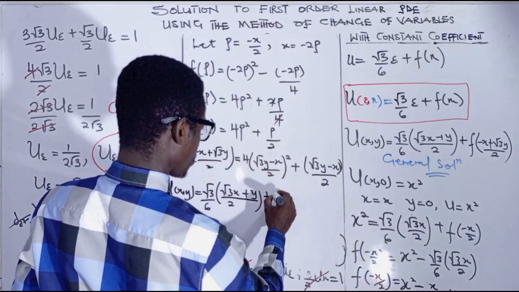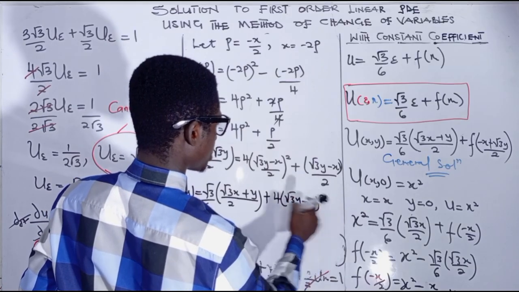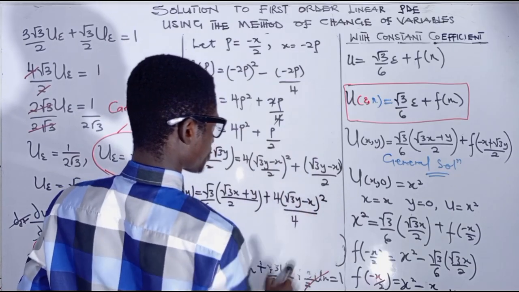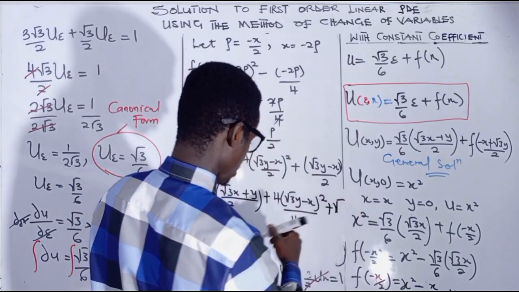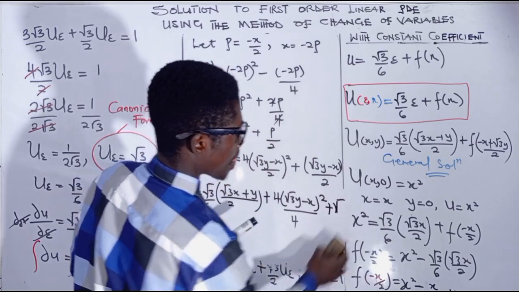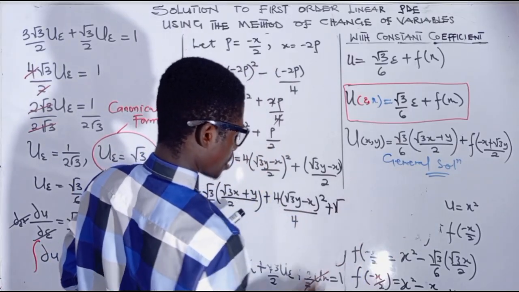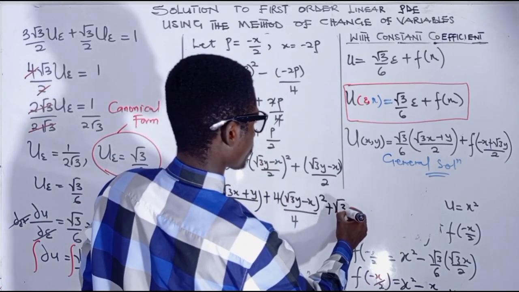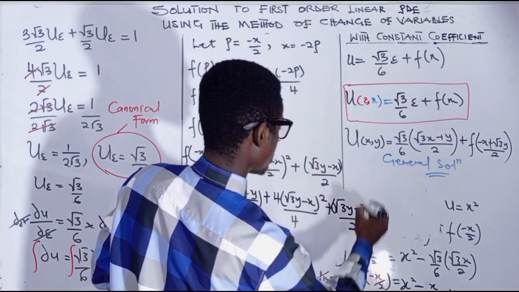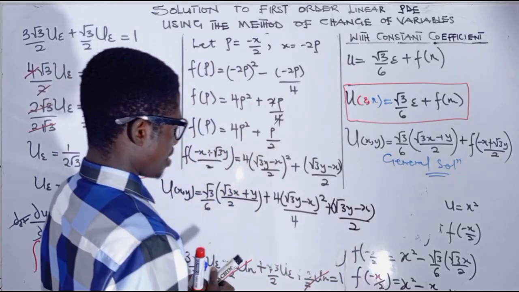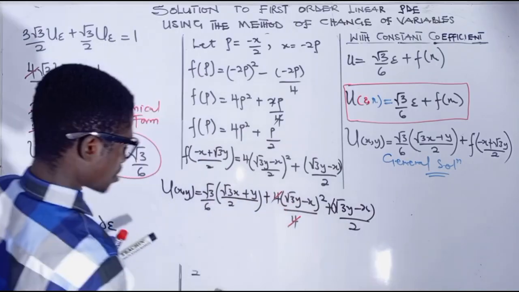So we are going to have 4 root of 3y minus x all squared. Then this is giving us 4. Then we have plus root 3 all over 2. Very, very easy and simple. We can also see that this will cancel this, right?